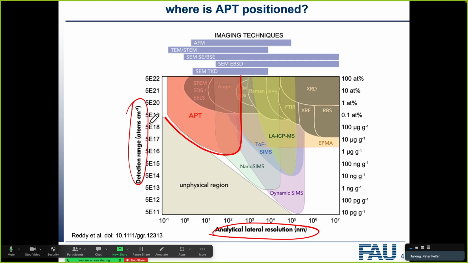Or otherwise you need to go to atomistic simulations. We have published some work where we've used atomistic simulations to verify what's happening. But there is no experimental technique that can give you comparable results.